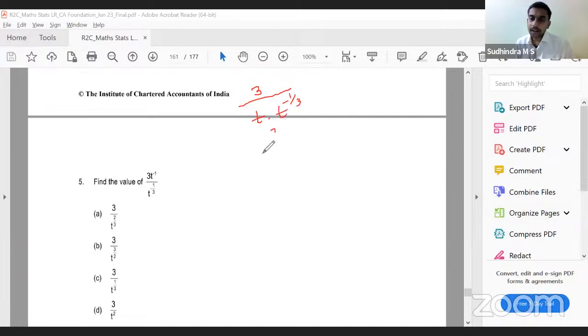That is 3 divided by t to the power of 1 minus 1 by 3, which is 3 divided by t to the power of 2 by 3. So option A is the correct answer.